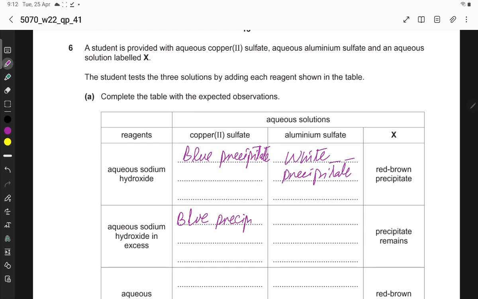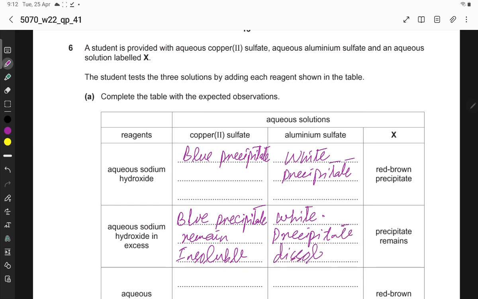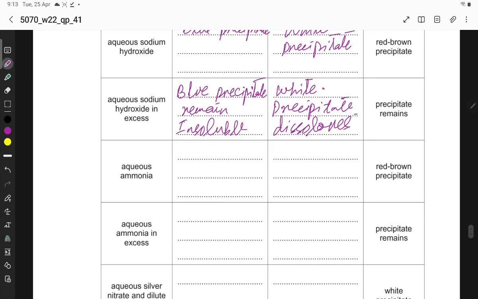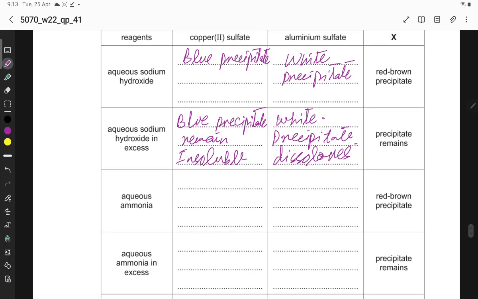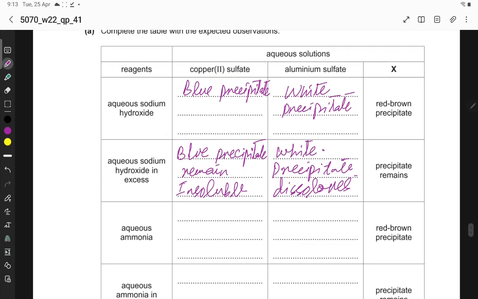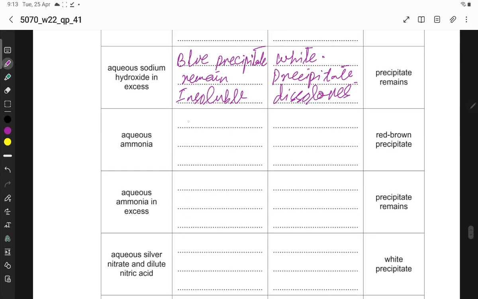Precipitate remains insoluble. White precipitate dissolves. Aqueous ammonia, pale blue precipitate with copper 2 sulfate.